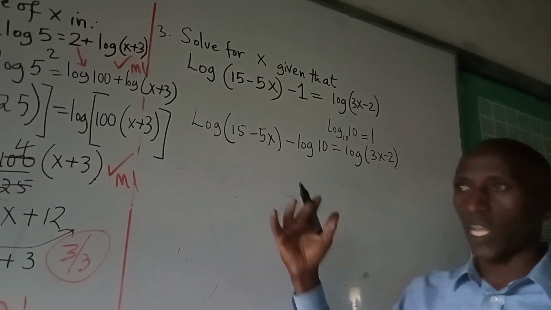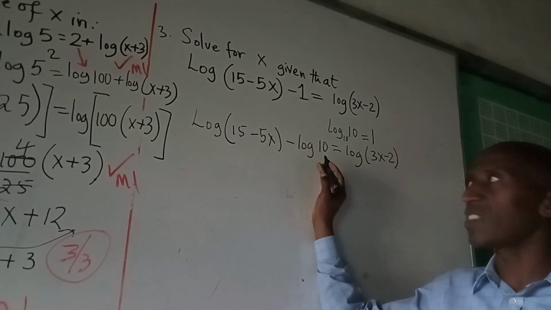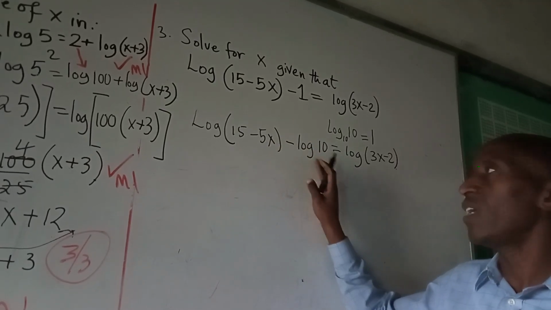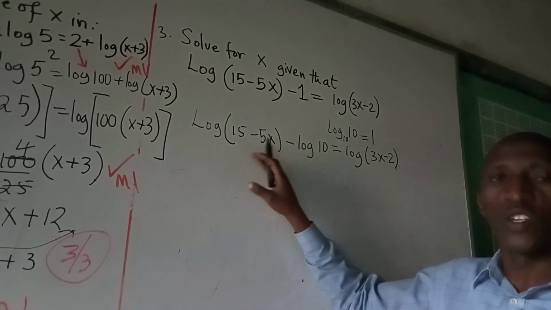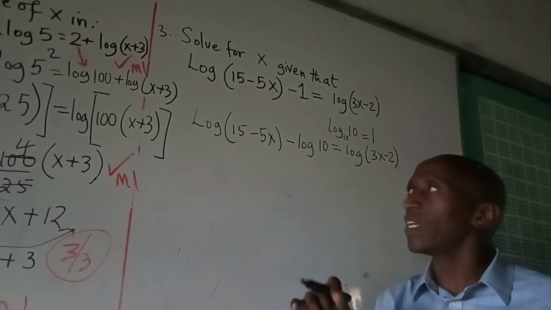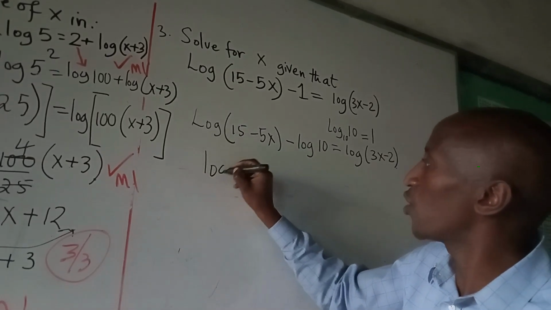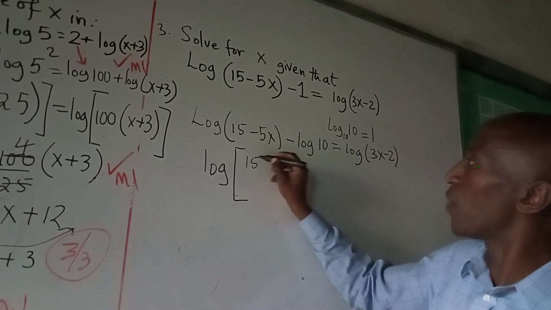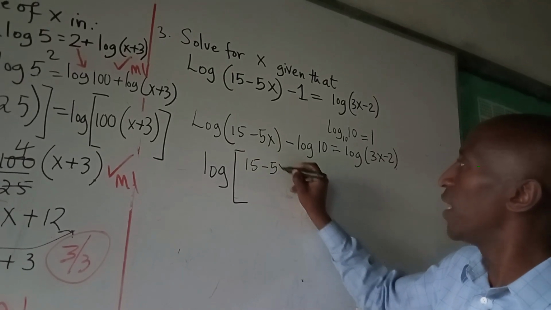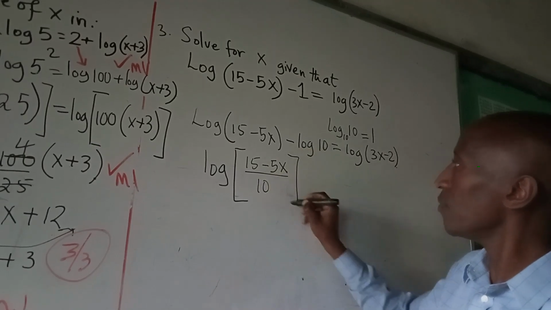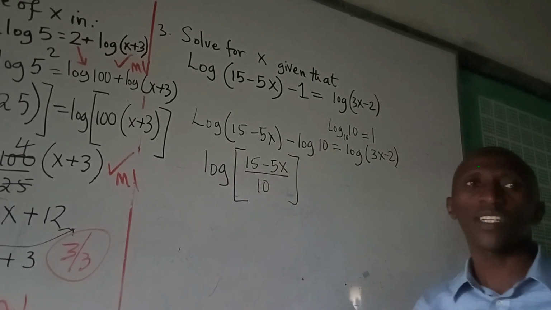With that, we come to the subtraction rule of logarithms, which says that when we are subtracting two logarithms, their numbers are being divided. That gives us the logarithm of (15 - 5x) divided by 10. So this is what is represented up here.